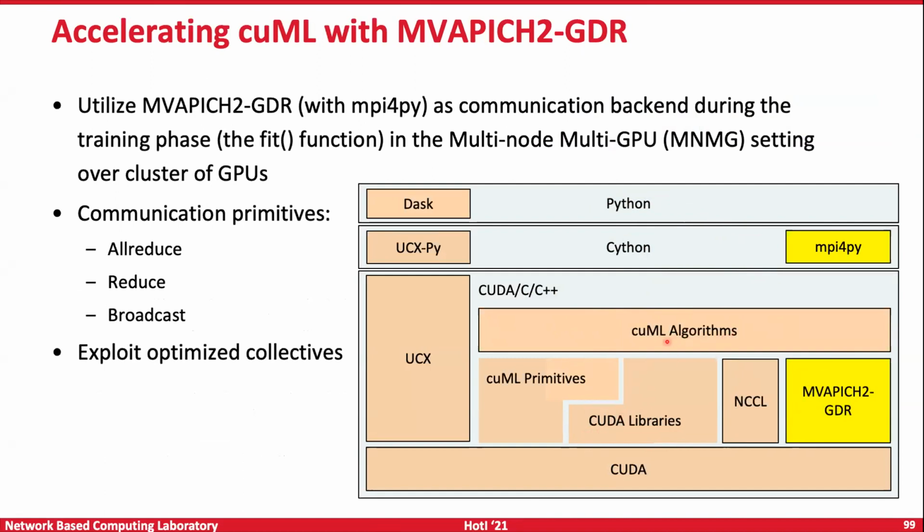This has all these algorithms that we are interested in, and it also provides support for primitives. But now, in addition to NCCL, Dask and UCX, we are using mpi4py, which is an MPI library wrapper written in Python. We have now provided support for parallelization using MVAPICH2-GDR.